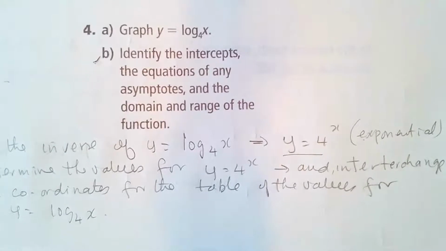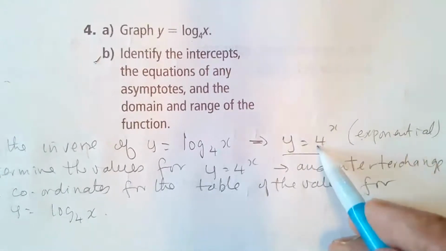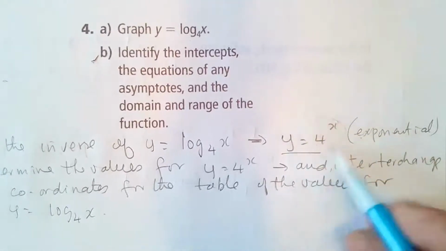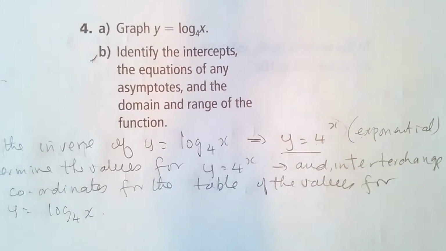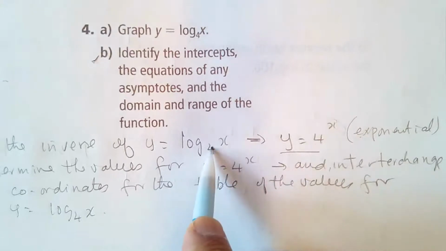So in essence, we're creating a table of values for y equals 4 to the x, and then we switch those values. That will give us the coordinates, or the table of values, for log base 4 of x.